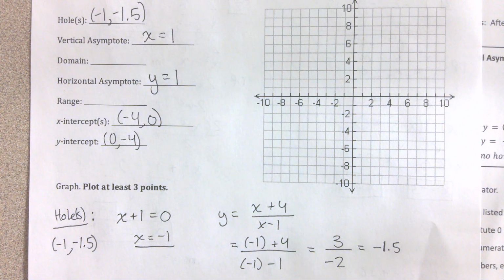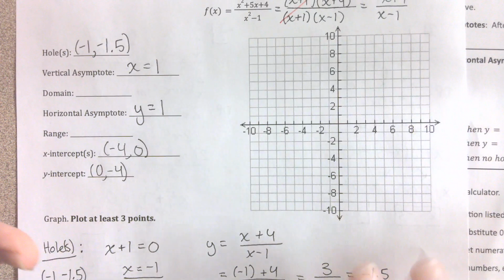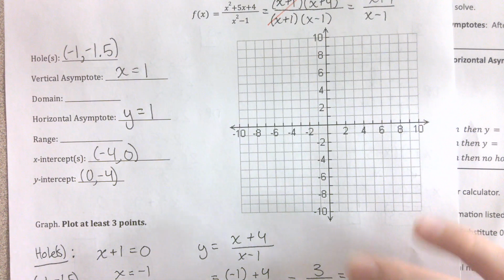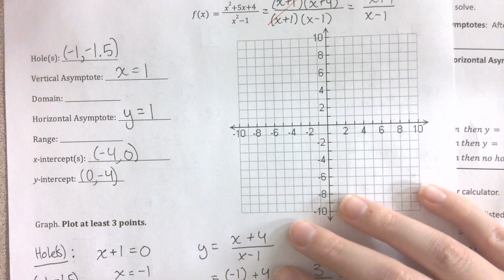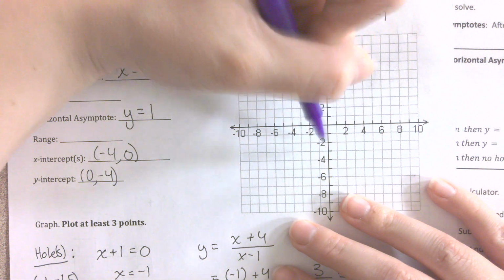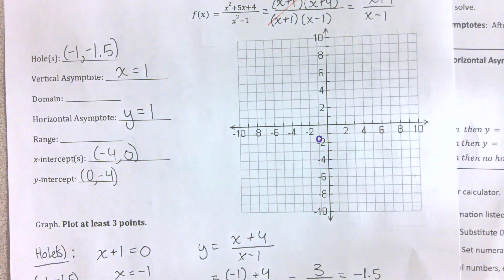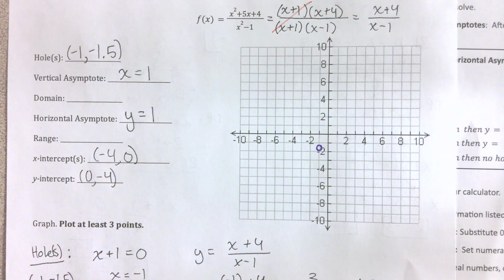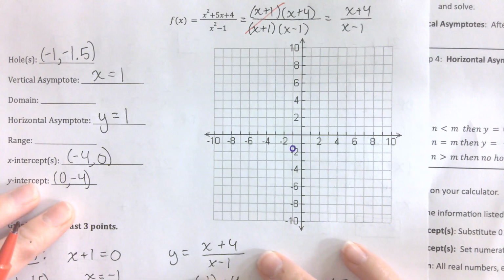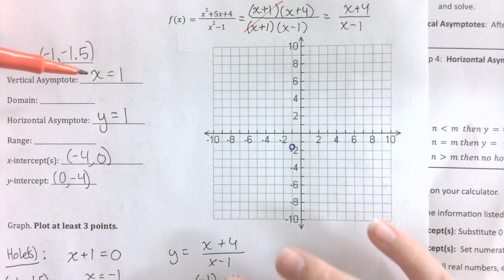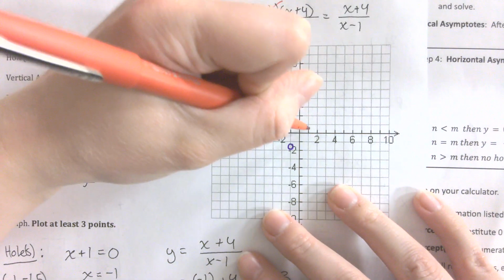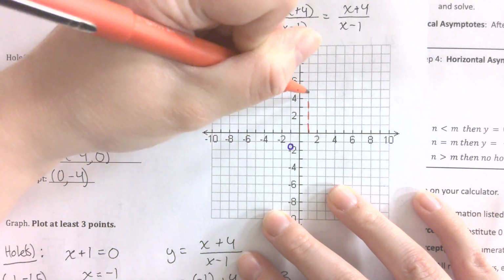All right, now let's fill in some of the points that we have. We have a hole at -1, -1.5. It's going to be about right here. Now this is a hole, so you're not drawing a point, you're drawing an open dot. Next, the vertical asymptote. This is a vertical dashed line through 1 on the x-axis. So right here.